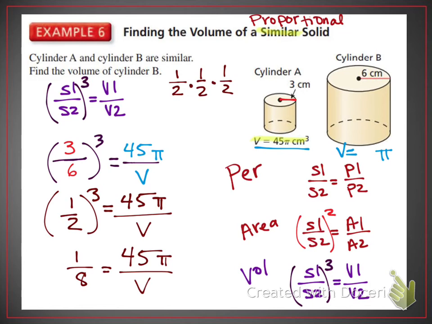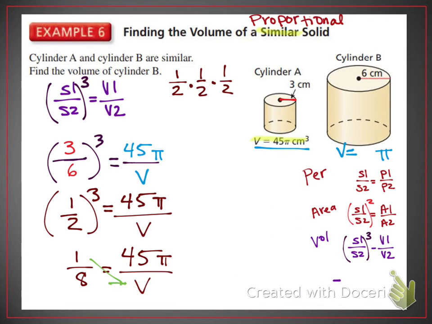So now what do we do in a proportion? Cross multiply. So let's do v times 1. That's really easy, right? It's v. But when you go the other direction, you do need to be specific as to what you type in your calculator. You're not going to type in 3.14. You're not going to type in pi, because I want to answer in terms of pi. Is this number 45 pi, is it 45 centimeters exactly?